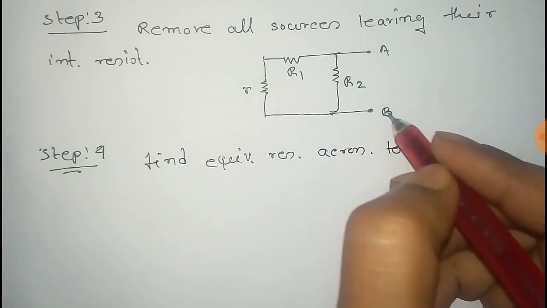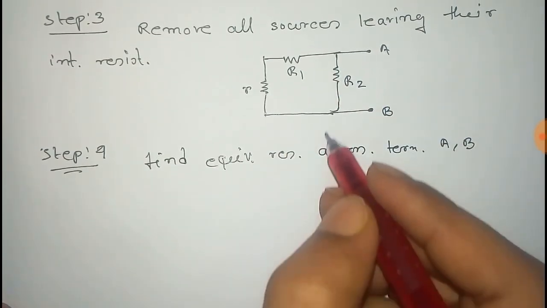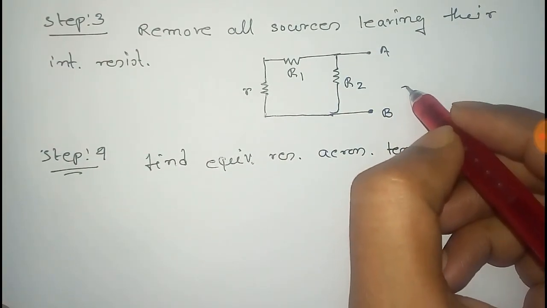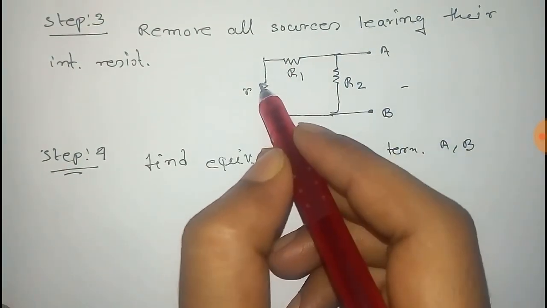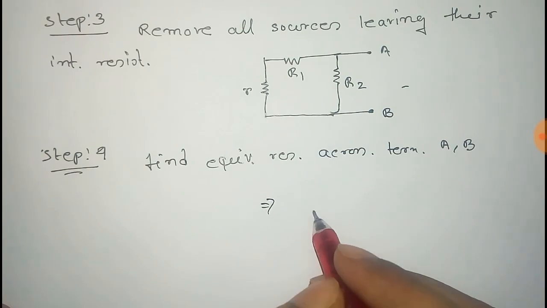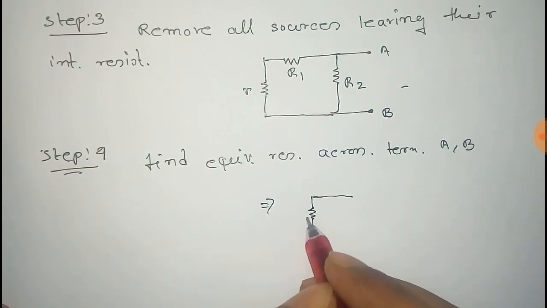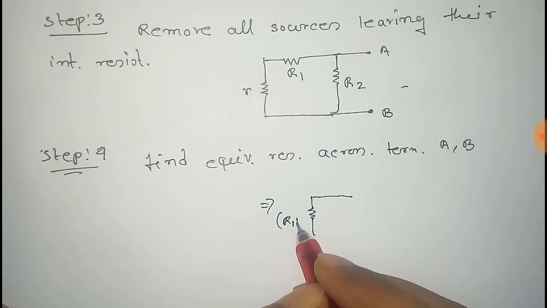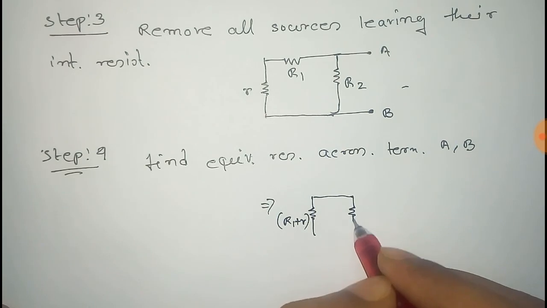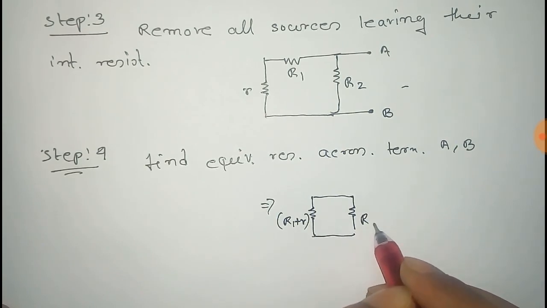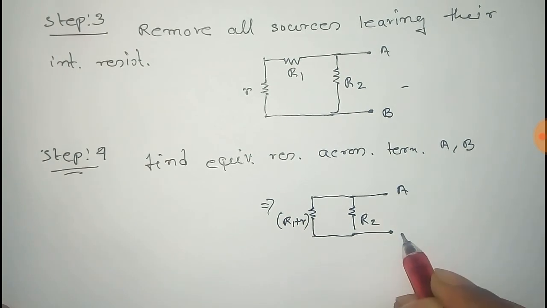To find this, we have to redraw the equivalent circuit. You can see that in this circuit the resistance R1 and small r are in series, so we can join them into one resistance. So that is R1 plus small r, and R2 is in parallel with them, and that is terminal A and that is terminal B.